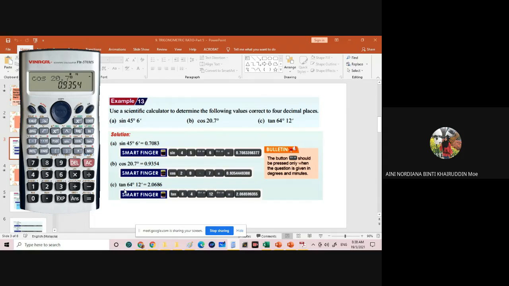Okay, last one, tangent 64 degrees, 64 then this button, 12 minutes, so 12 and this button again, and then press equal. Then the calculator will give this value, 2.0686.